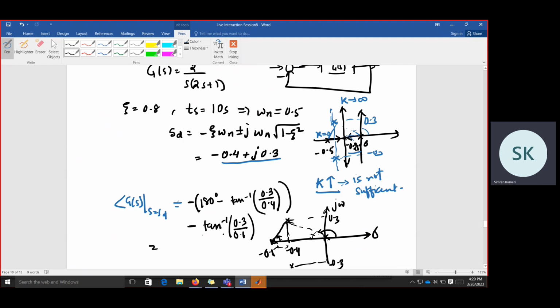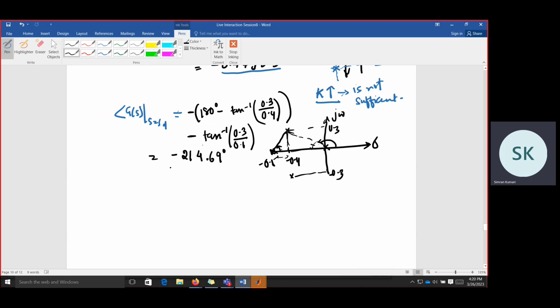Now you simplify or calculate this, you'll get minus 214.69 degrees. You can use MATLAB, apply the atan command, or you can use a calculator. So this is the angle contributed by these open loop poles.